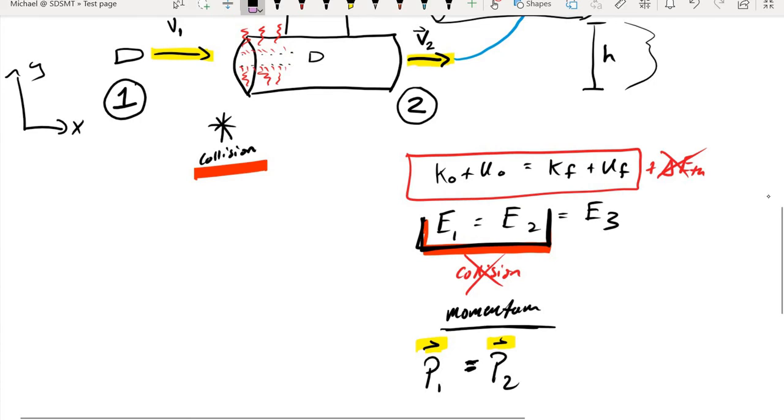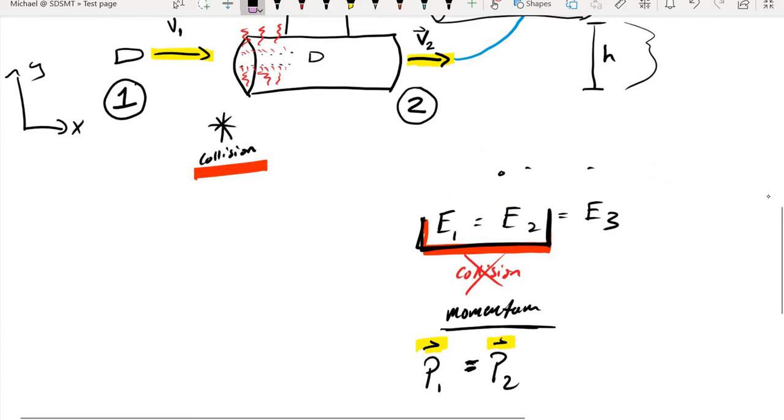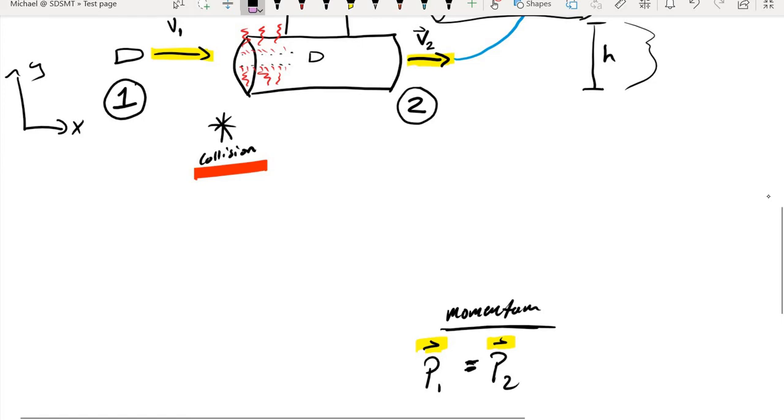So let's clean this up. Since we're not going to be using the conservation of energy between sites 1 and 2, let's use conservation of momentum.